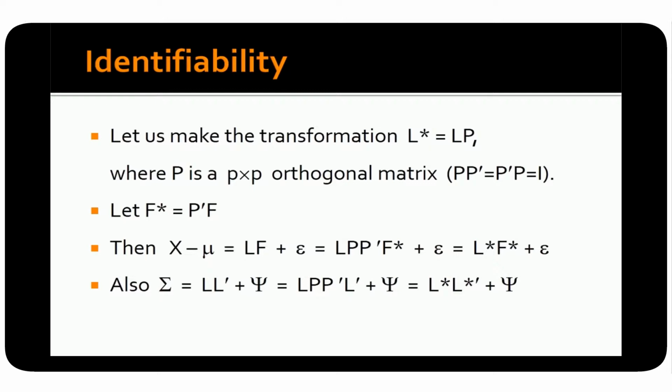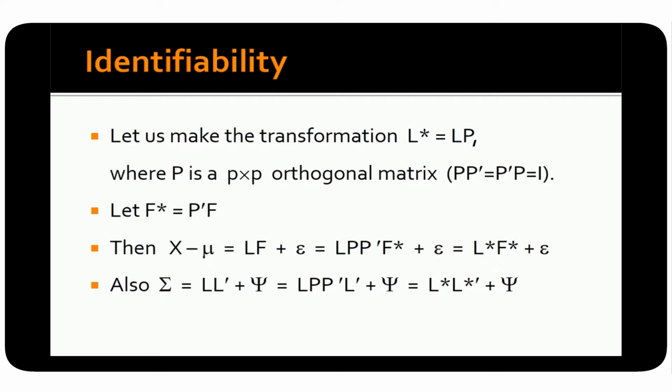Now if we use this T in the original model, then we can write x is equal to mu plus L T T prime f plus epsilon, and then you call L T as L star and T prime f as f star, and you have a new model x is equal to mu plus L star f star plus epsilon. Now you see that you are back with the same model.